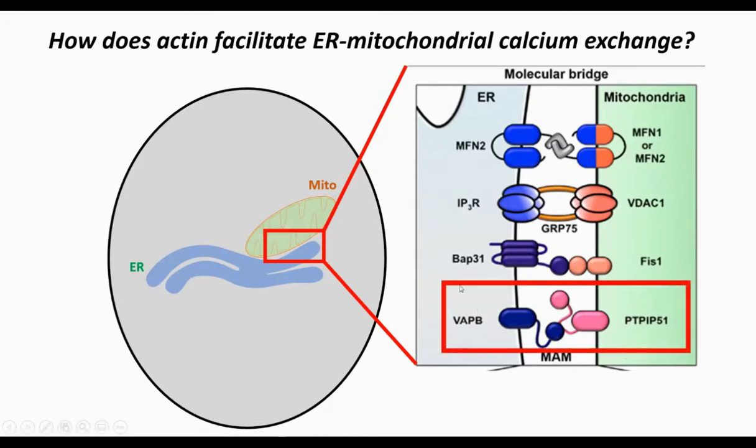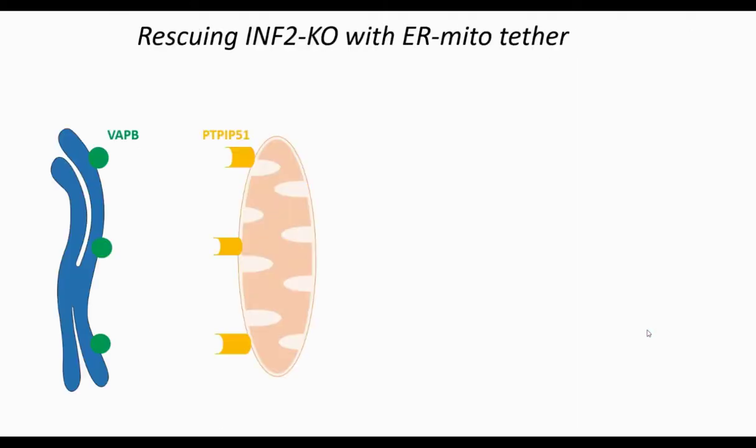So what we did was we expressed these two proteins called VAPB and PTPIP51. Now, let me remind you that if you overexpress both of these together, the whole of the mitochondrial network falls on the ER because of the over-tethering of ER and mitochondria. So we expressed either VAPB or PTPIP51 singly in cells.